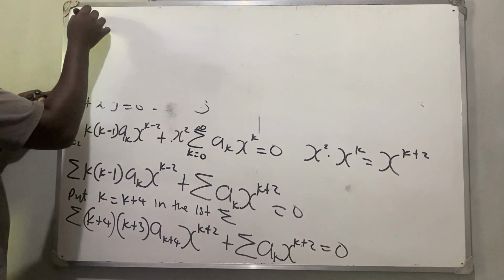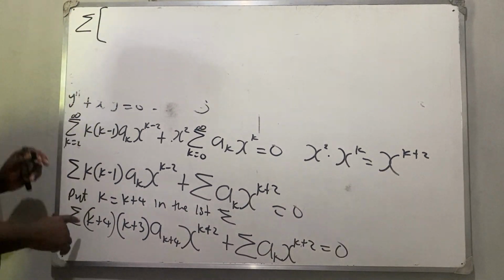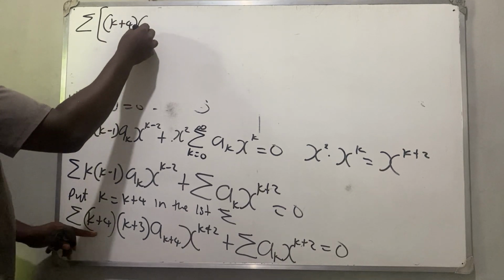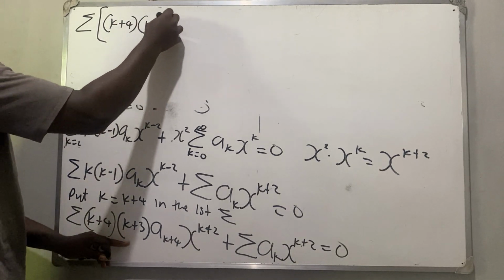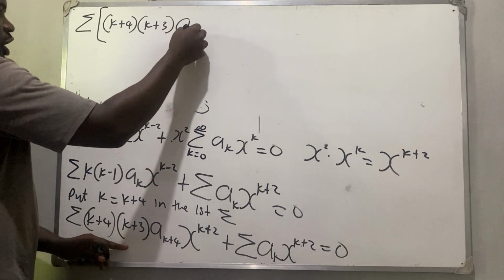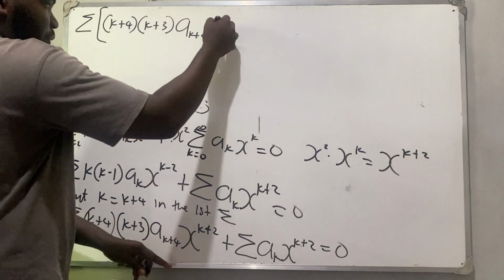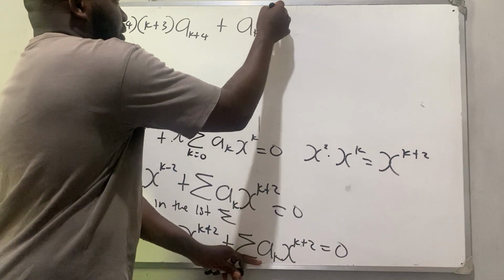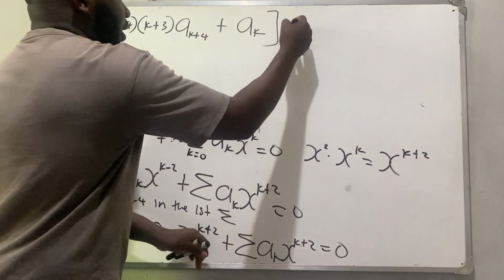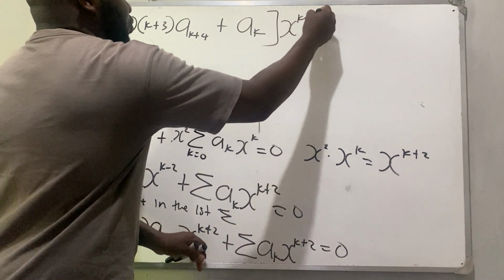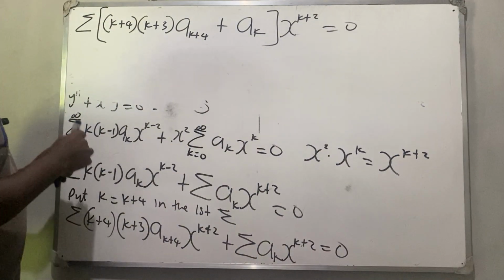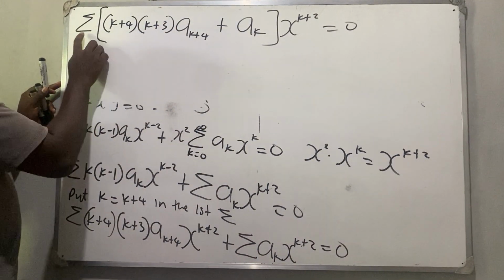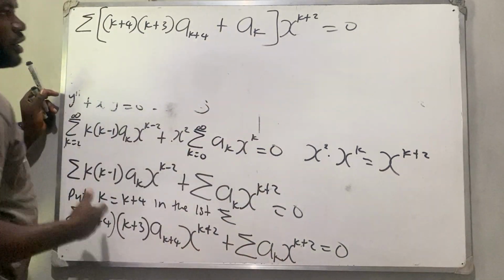So if I bring out the summation they have in common, what is remaining here is k plus 4 into k plus 3, then a k plus 4, then plus, what is remaining here is ak, and they all have x raised to power k plus 2 in common, is equal to 0. So this and this times this will give us the first line, and this and this times this will give us the second line.